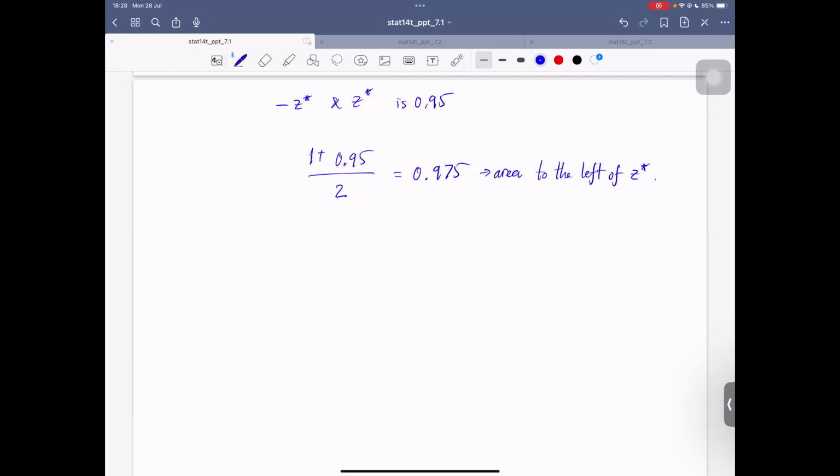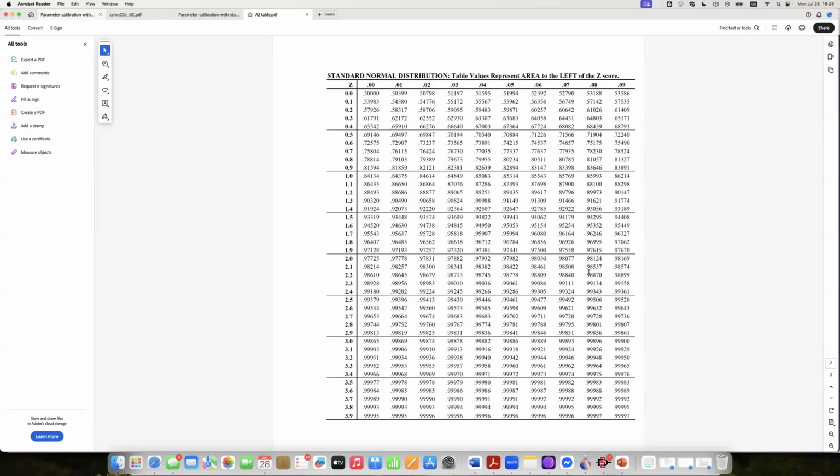I have the table in front of me here. Let me share the screen then. Can you see the screen now?